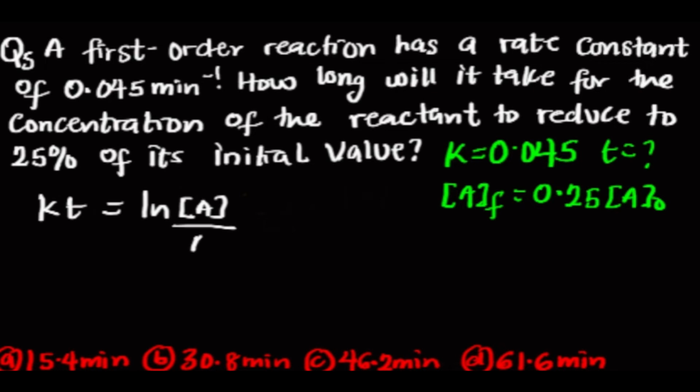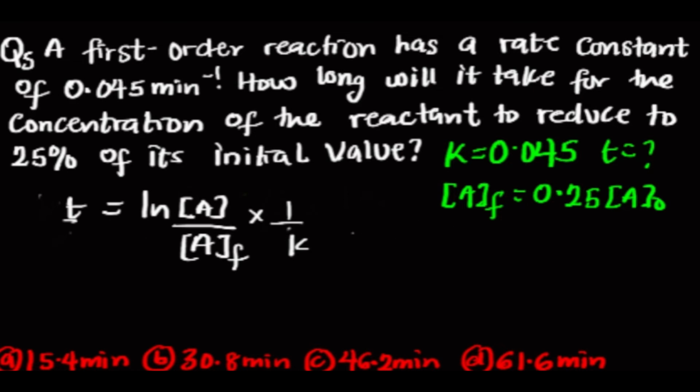Now, I multiply both sides by 1 over K, because I'm asked to calculate for the time. The K here cancels the K, and we've successfully made t the subject of the formula directly.